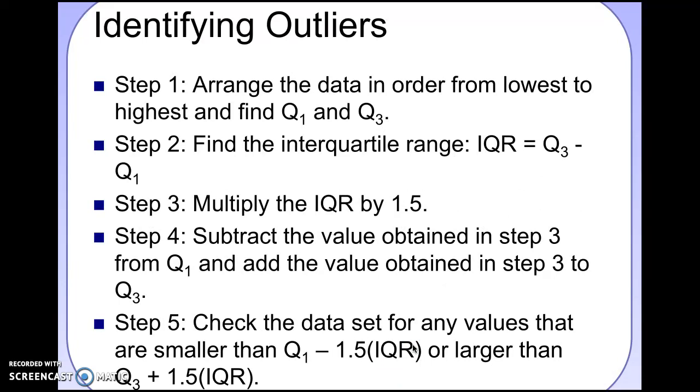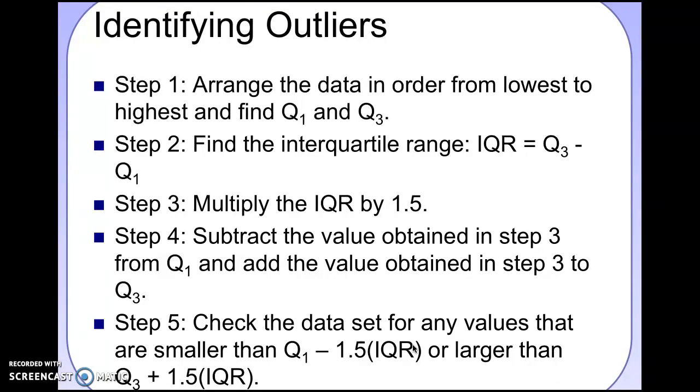This procedure is found on page 158 in your book. You're first going to arrange the data in order from lowest to highest and find quartile 1 and 3. Identify the interquartile range by subtracting those two values, multiply the interquartile range by 1.5, subtract the value obtained in step 3 from quartile 1, and then add that value to quartile 3.